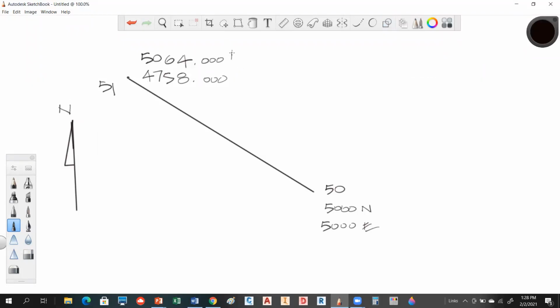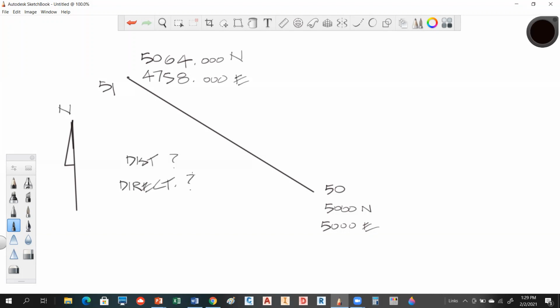Because in terms of northings and eastings, this point has a higher northing than that point, and this point has a lesser easting than that point, so that would put north straight up. So what we want to do is inverse this line, and we want to know what the distance and the direction are on this line.